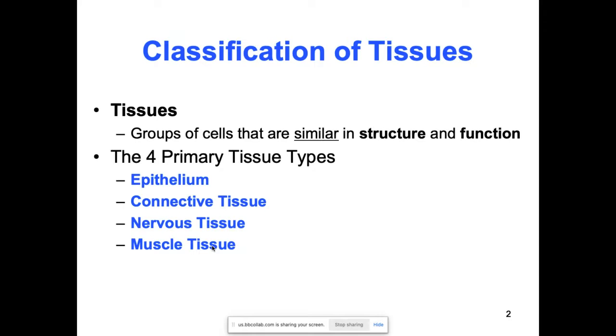When we cover neural tissue, the two types of cells that are associated with the nervous system are going to be the neuron and the neuroglial cells. That's it, right? So it's the neuron, which is electrically excitable, and then the neuroglial cells, which are not.